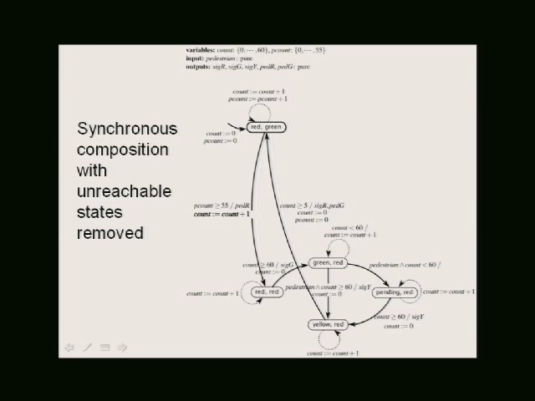suppose I'm in red, comma, green. The question is, what are the possible pairs of p count and count that you can have in this state? Well, when you enter that state, you start with 0, 0. And then as long as you're in the state red, green, the two counts are incremented in lockstep.